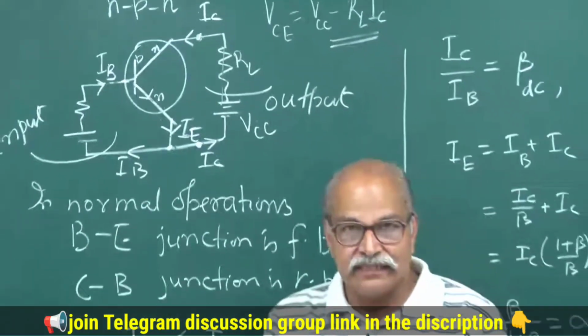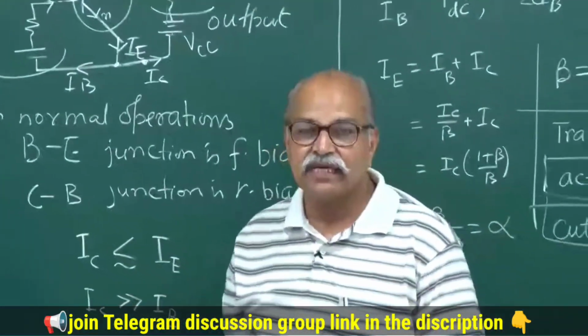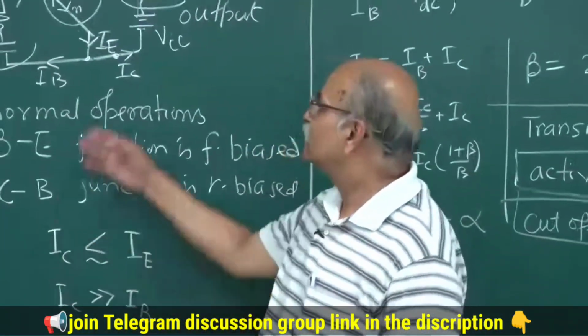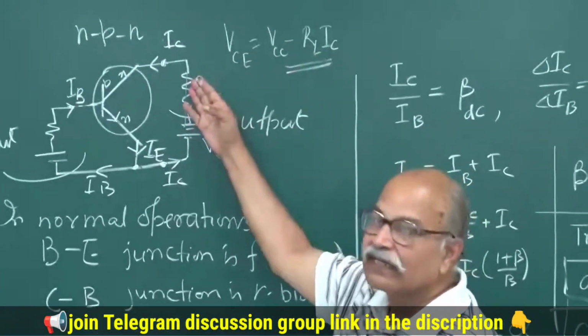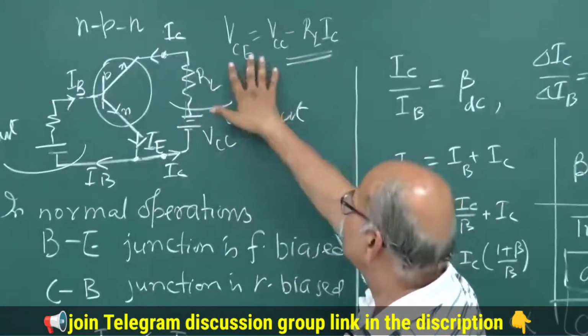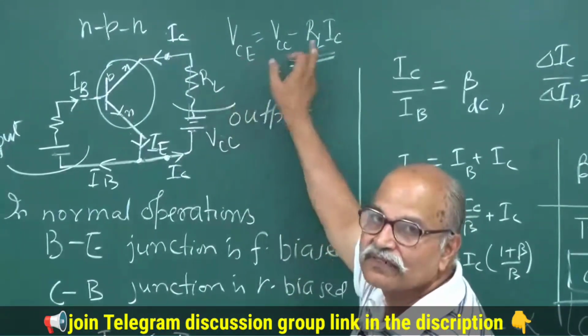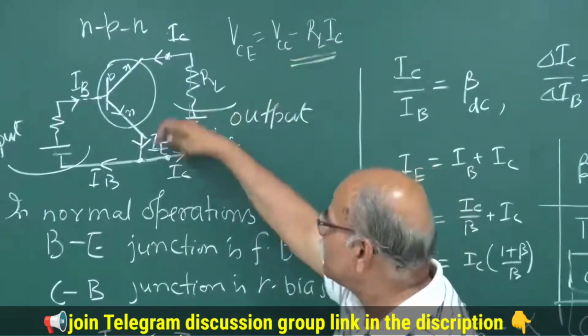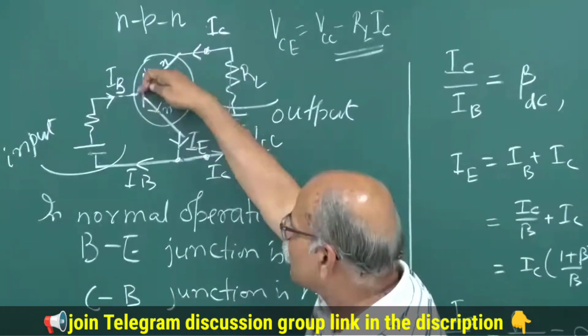In certain situations it may so happen that this current IC is large and this drop makes VCE small. And if VCE is small, remember, you also have a drop here.